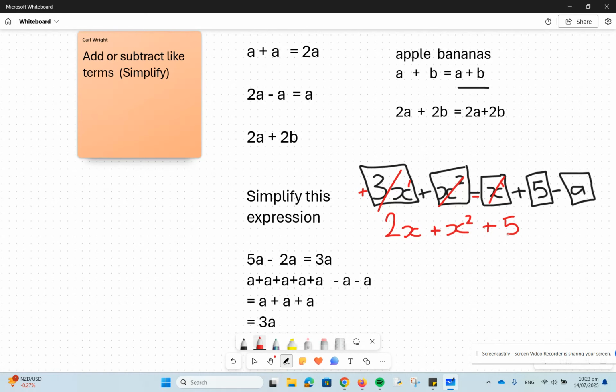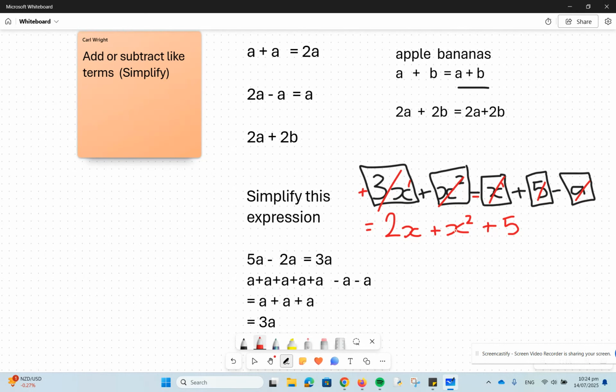Remember, if there was a plus 10 on the end, then I'd have 2 numbers and I could add or subtract them together to simplify, but there's only one number by itself. And I've got an a. Is there anything else with just an a? Nope. So you end up with a simplified expression like this, and there's your answer. It can't get any simpler than that.